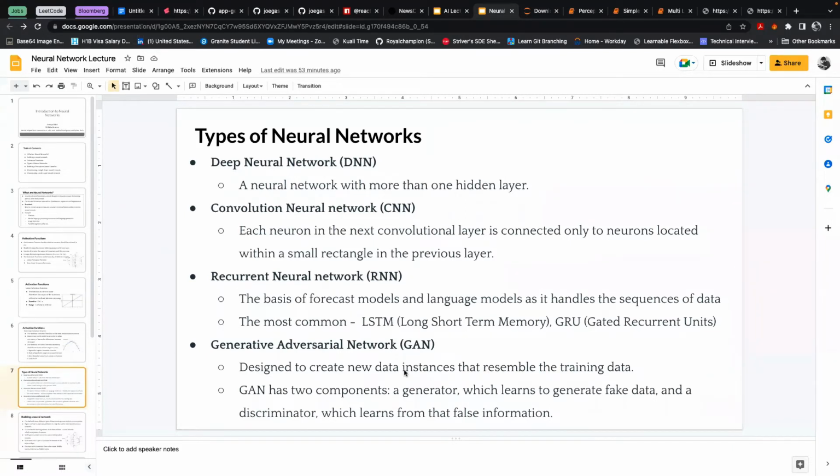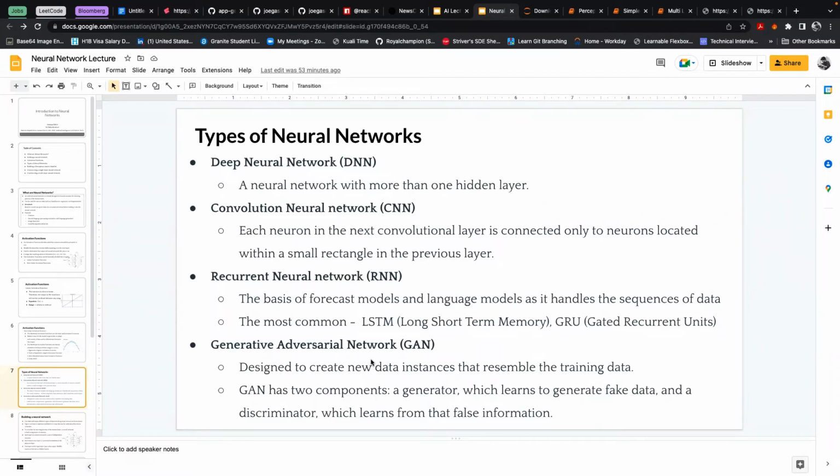Then comes recurrent neural networks. Recurrent neural networks form the basis of forecast models and language models as it handles the sequences of data. The most common is the LSTM, which is long short term memory, and GRU, gated recurrent units.